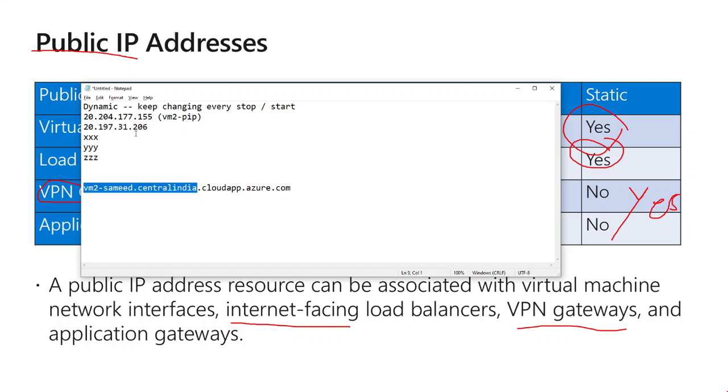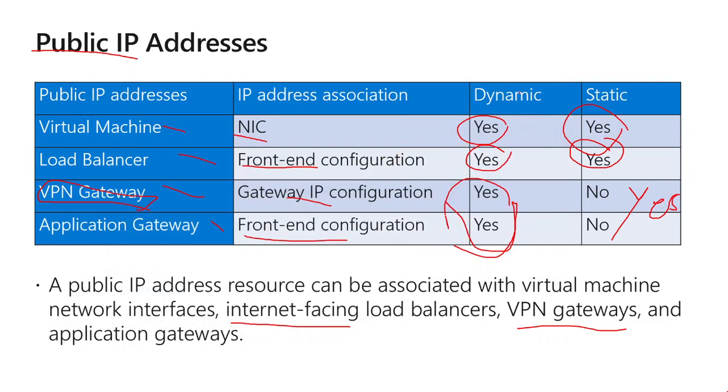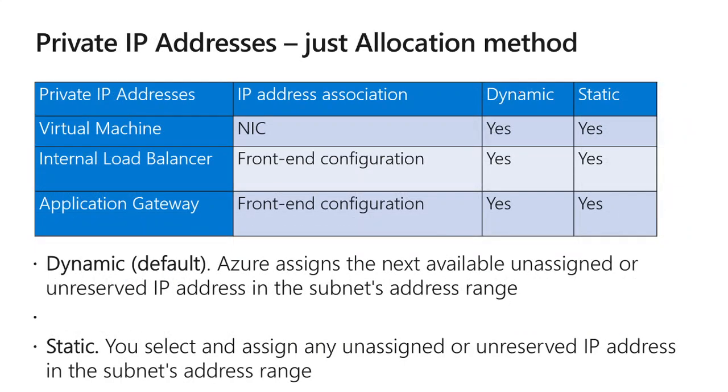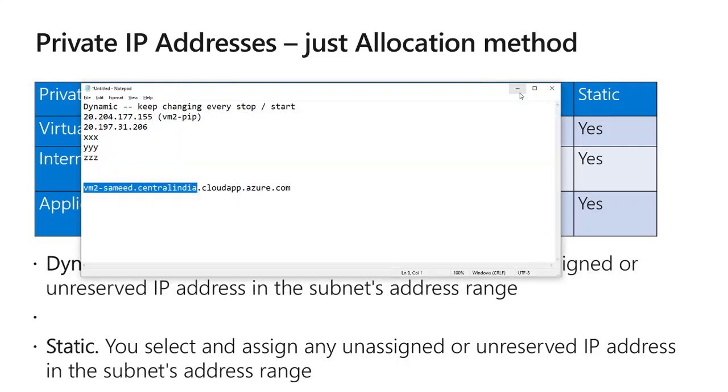These IPs keep changing in public IP assignments. But with a private IP, the IP will always be constant. If I have given 0.0.4, whether I keep it dynamic or static, it will always stay the same IP. So what exactly do static and dynamic allocations mean?